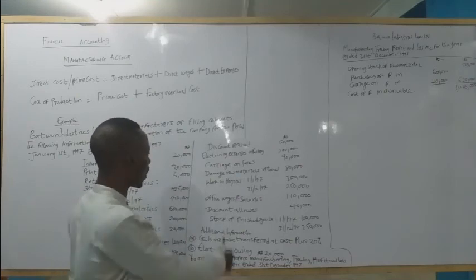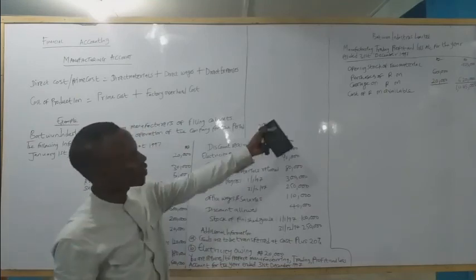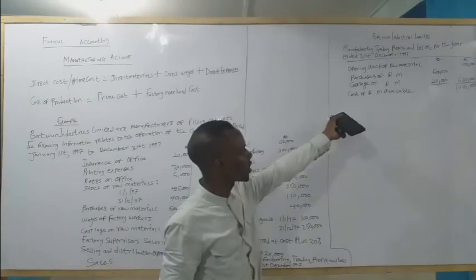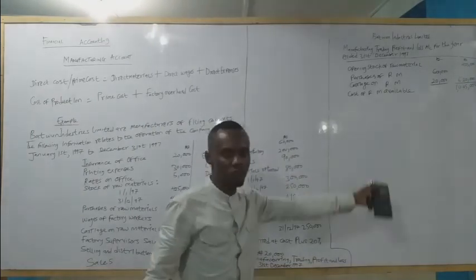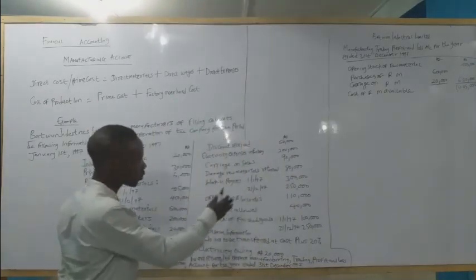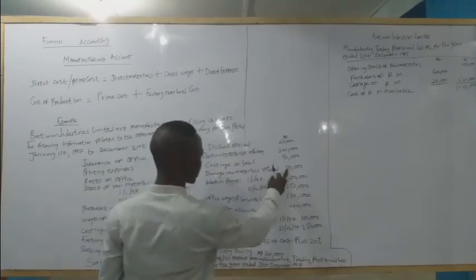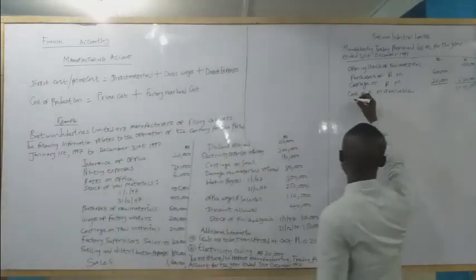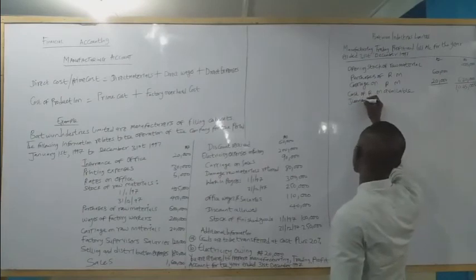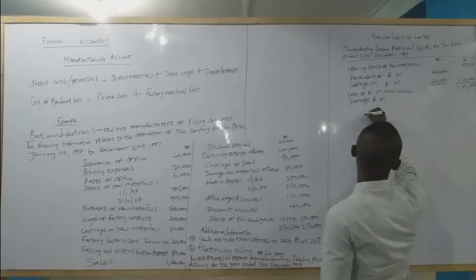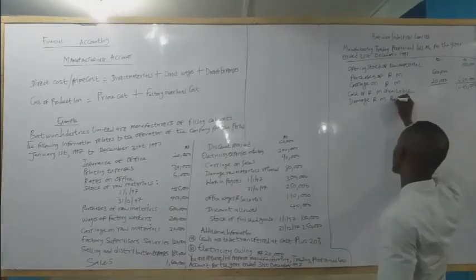What do we have to do? We have to remove it. So the materials that we have brought in that were available, part of them are returned. How much? Damaged raw materials return of 80,000 naira.